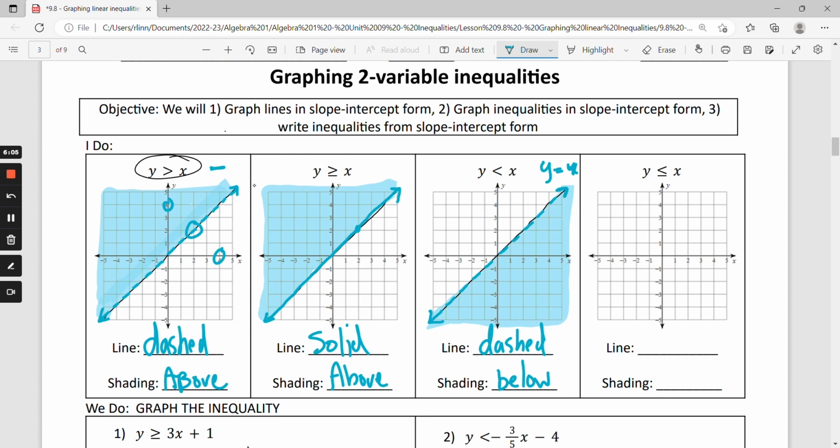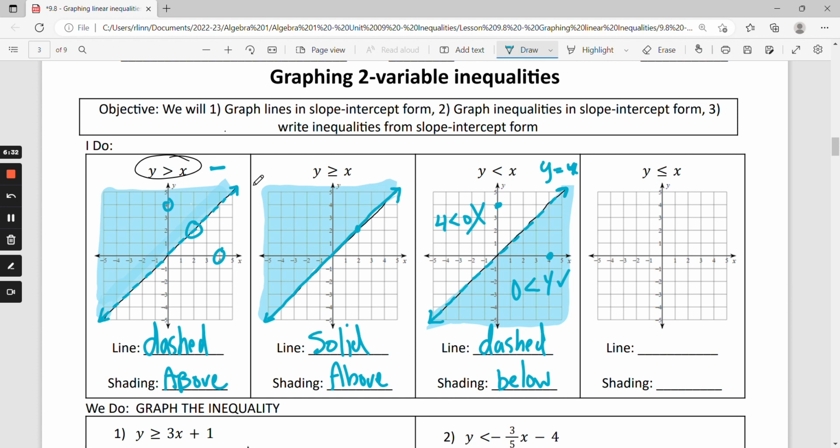So we can go ahead and test our points. We have the point 4, 0. So let's go ahead and substitute in. 0 is less than 4. That is true. If we checked the point up here of 0, 4, we would have 4 is less than 0, and that is not true. So that's showing us that all of the points above that line are not part of the solution.